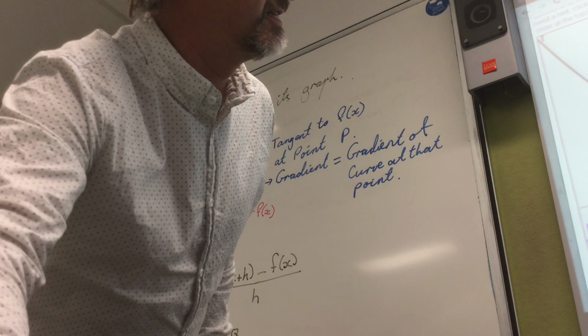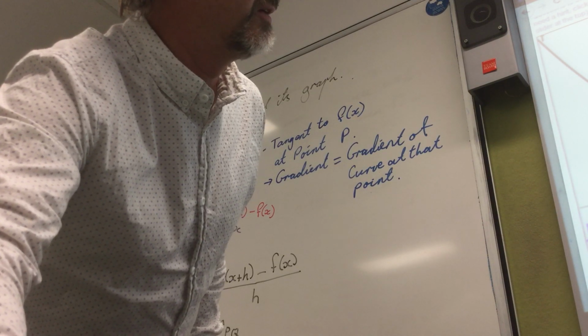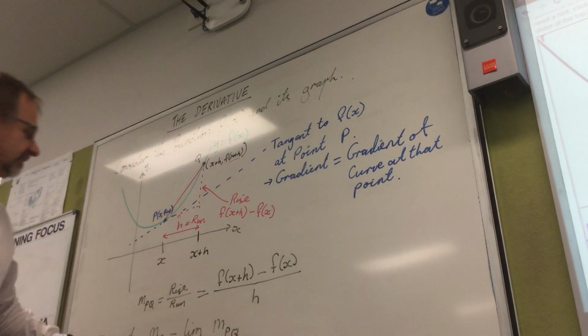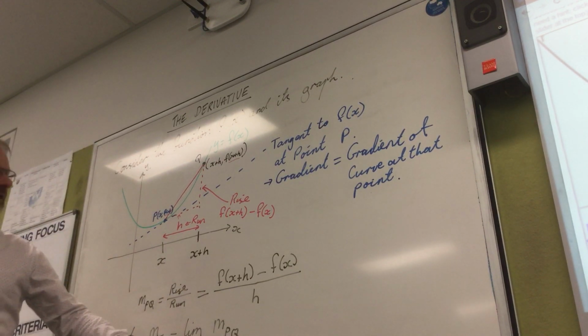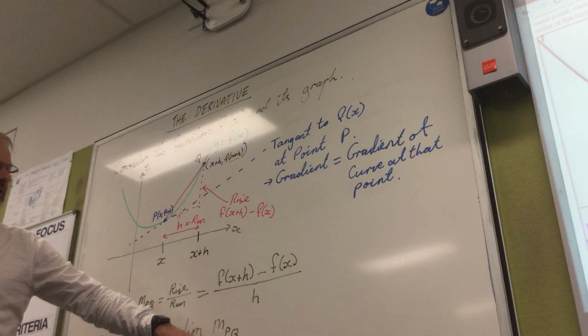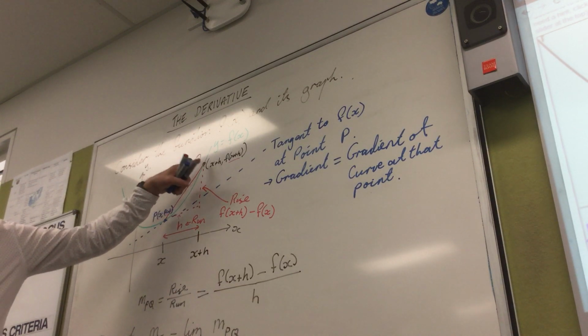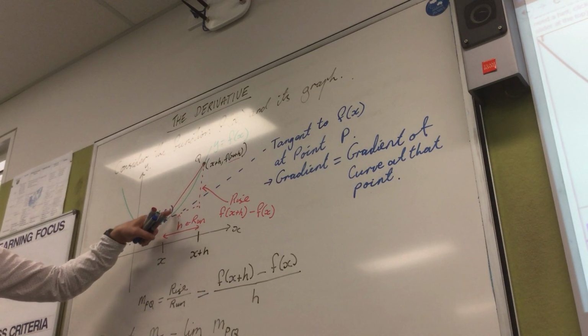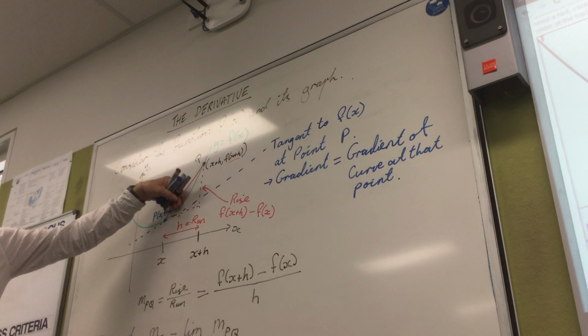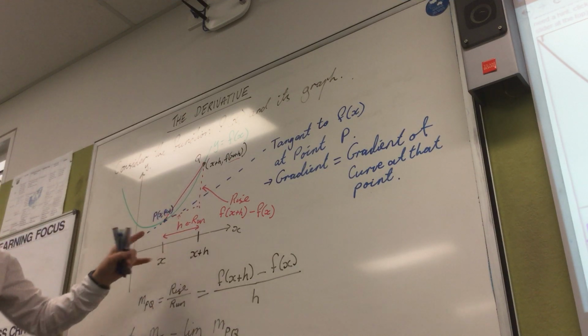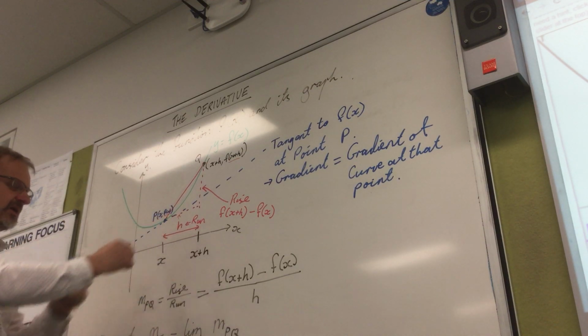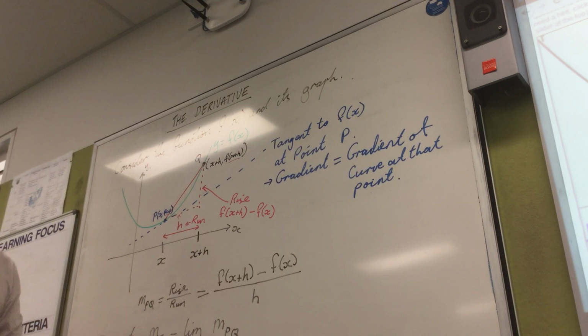So as h tends to 0, the gradient of our line PQ, because that point's coming down, down, down, closer to there, the gradient of that red line, as this h gets smaller, becomes the gradient of the tangent.